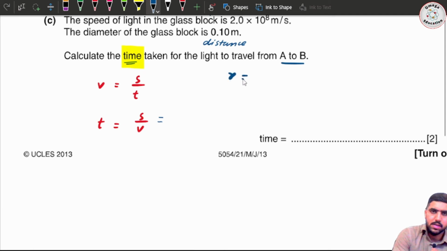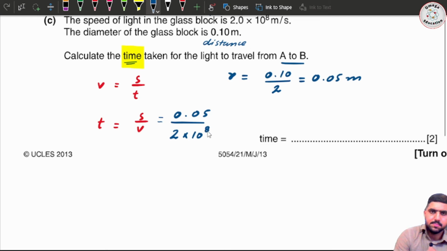So radius equals diameter 0.10 divided by 2. It would be 0.05 meters. That would be your radius, and that is the distance between A and B. So 0.05 divided by the speed, which was 2 × 10^8, and then we hit it on the calculator.